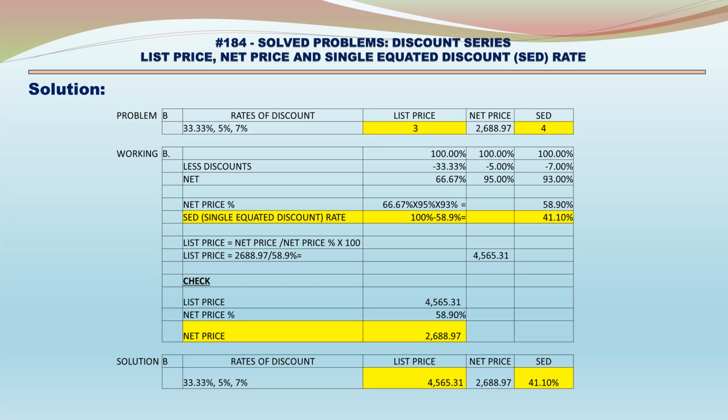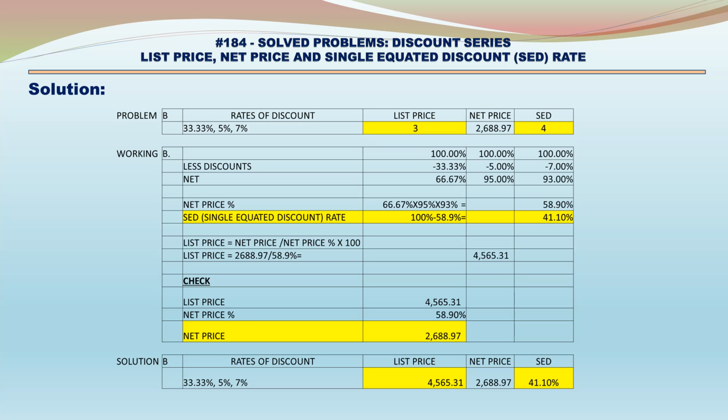Net 66.67%, 95% and 93%. Net price percent is equal to 66.67% into 95% into 93%, which is equal to 58.90%. SED, single equated discount rate, is equal to 100% minus 58.9%, that is equal to 41.1%.